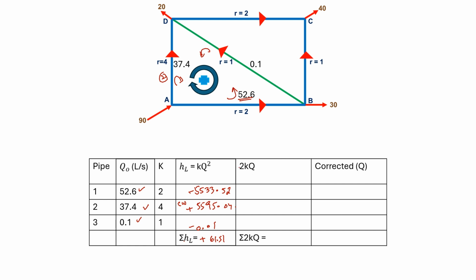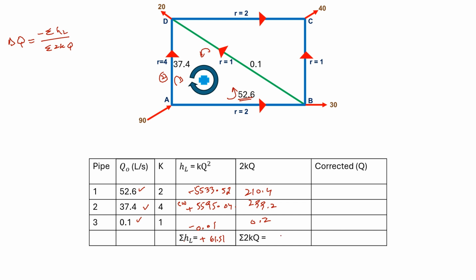And now we will find 2KQ, 2K times Q, and Q is this 52.6. It will be 210.4, 299.2, and 0.2. No need to consider the direction for this case. And now we will get delta Q, summation of HL divided by summation of 2KQ.